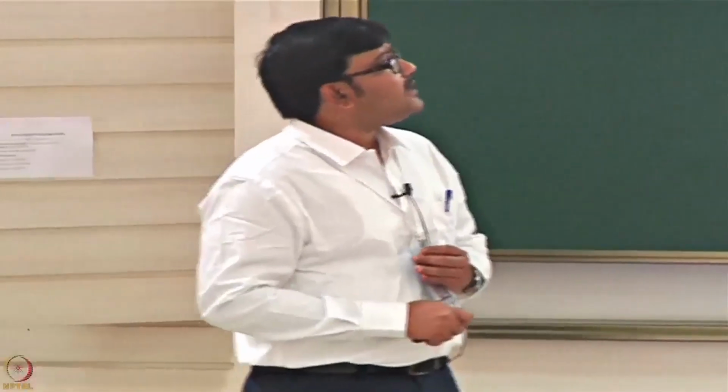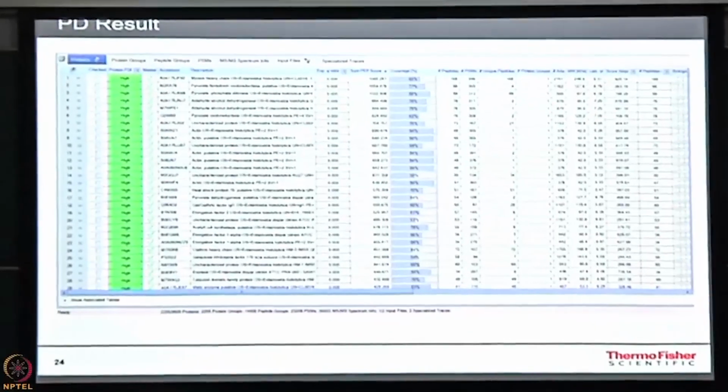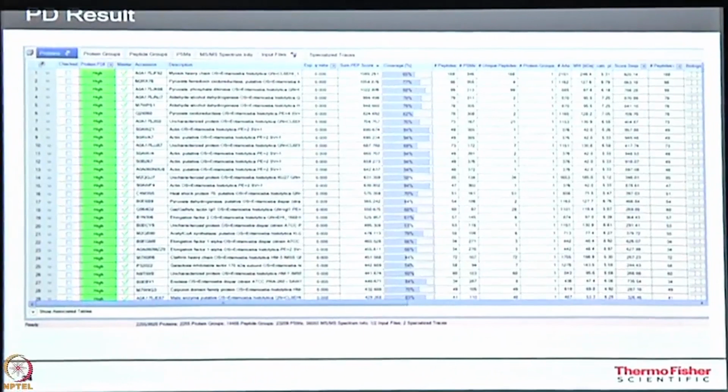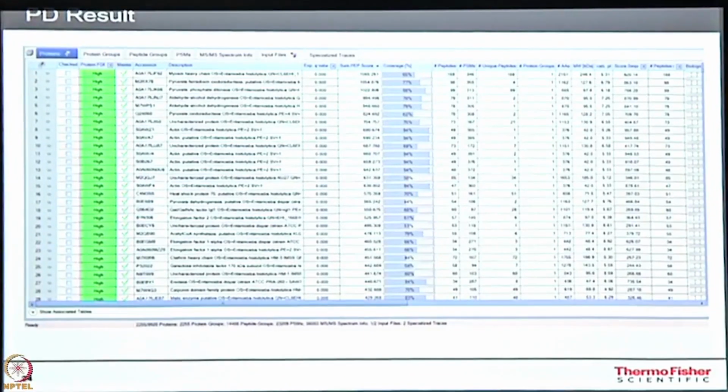Now after searching the data, what is the report format? It comes like this. It gives you the protein information, what the protein matches are, the sequence coverage, and how many peptides have been matched. The important thing here is the unique peptides.